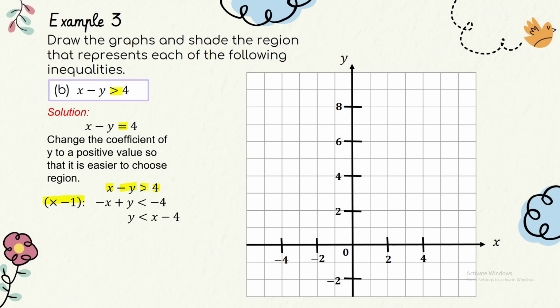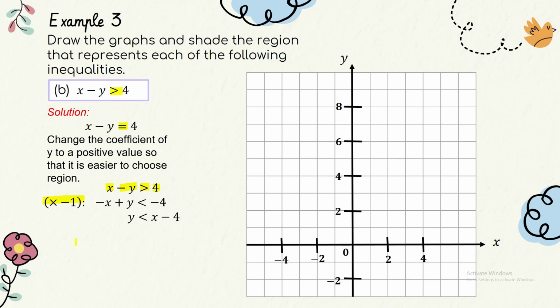Sign also included. So that's why we get this form, and then we move this negative x in front. So if it's moved in front, it will be positive. So this is the final form of inequality, which is y lower than x minus 4.